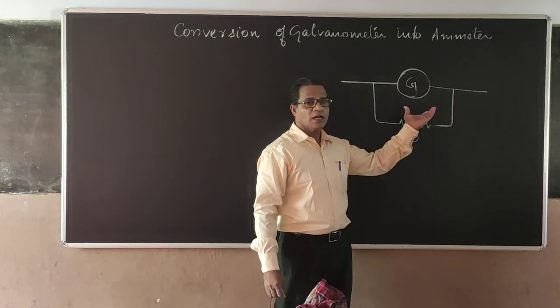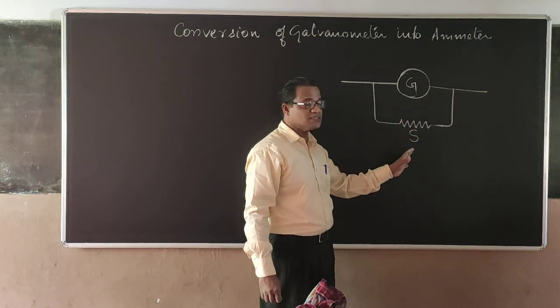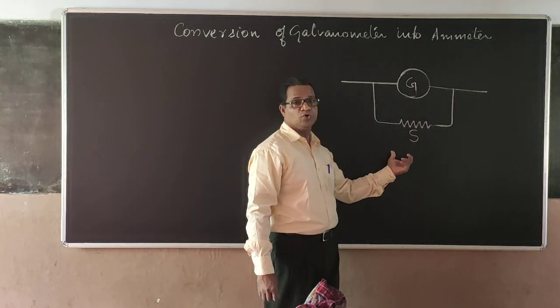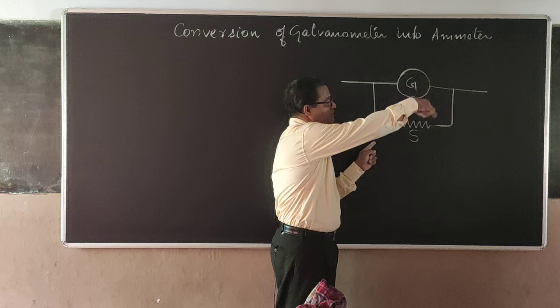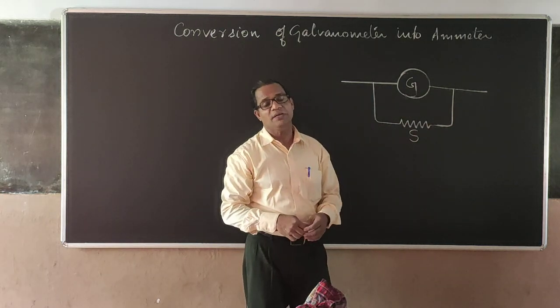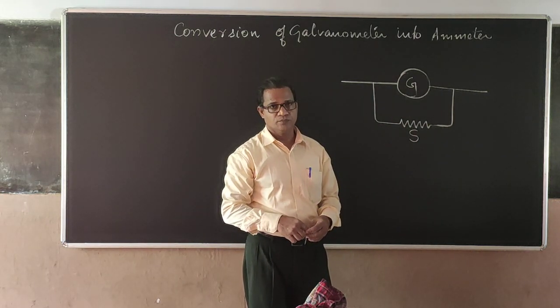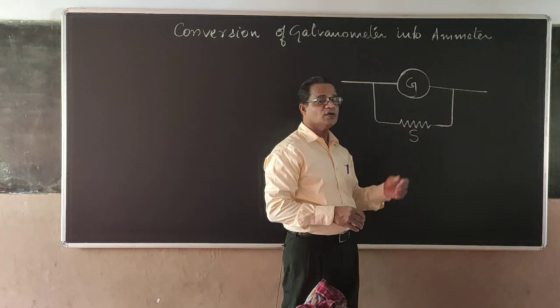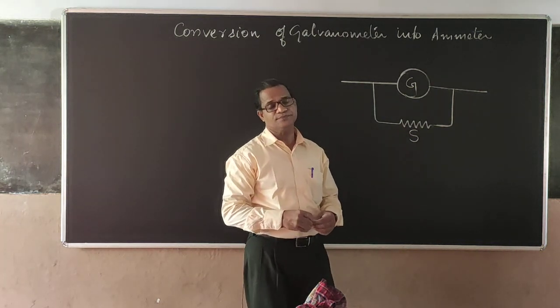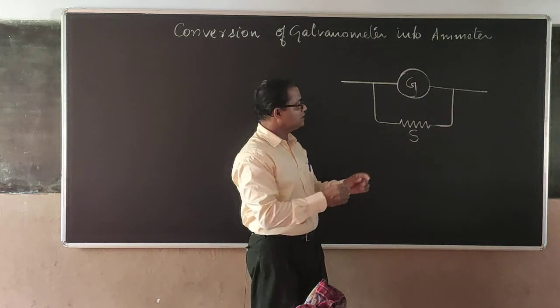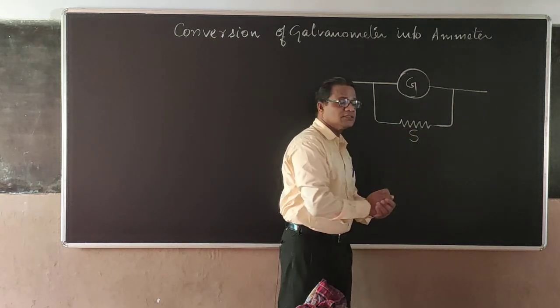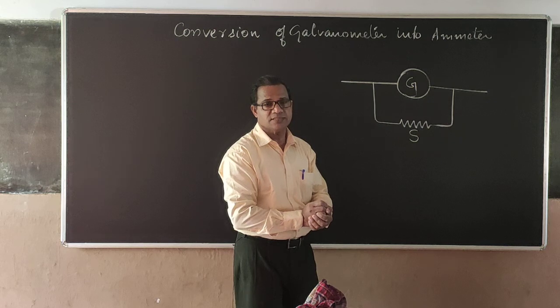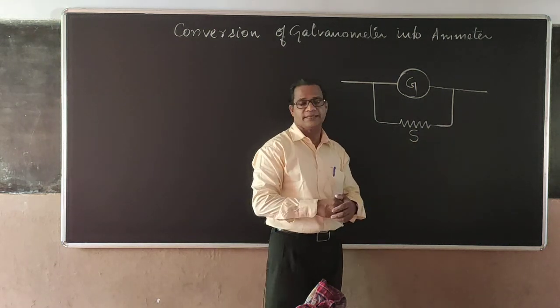Just by connecting a very small resistance parallel to the galvanometer, the whole system acts as an ammeter now. Connecting a very small resistance in parallel is called shunting, and the resistance so connected is called the shunt resistance, which I have taken as S here.